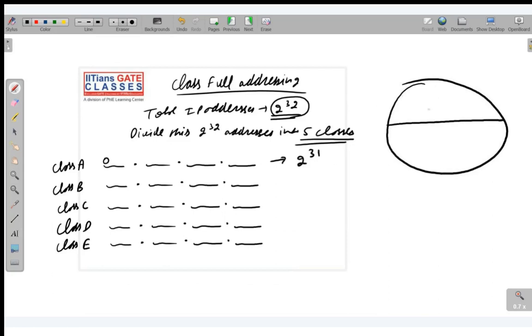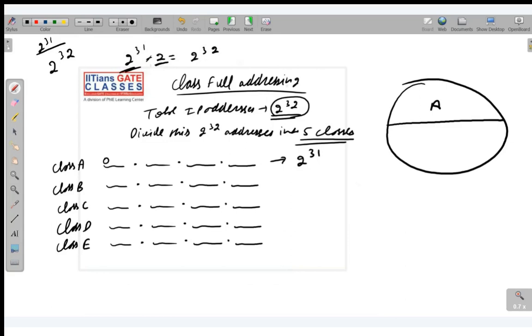Half is given to class A. Why half? Because the total is 2 power 32 and 2 power 31 is used. 2 power 31 divided by 2 power 32 is 1 by 2, that is half. Or you can think like this: 2 power 31 into 2 is 2 power 32.